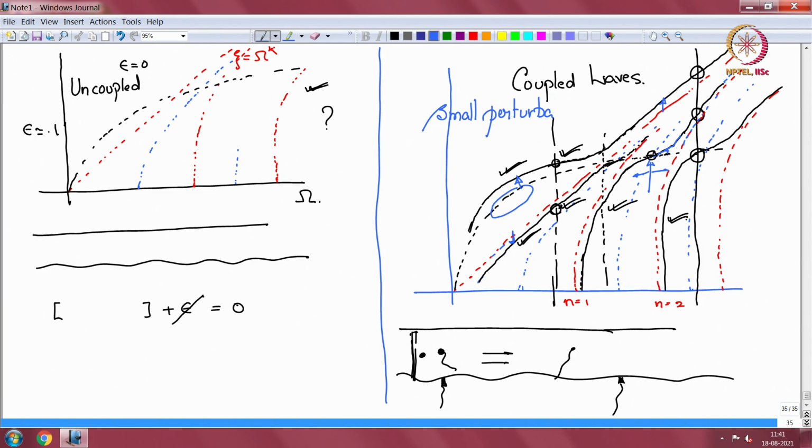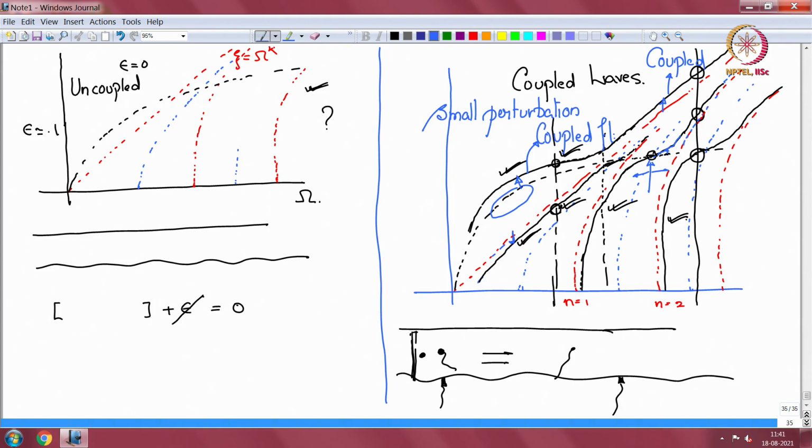Now, because the coupled waves are actually small perturbations to the original waves, the language I will use is that I will use the same name but put coupled in front of it. So to me this is a plane wave, but now it is a coupled plane wave. To me this is a flexural wave, but now it is a coupled flexural wave.